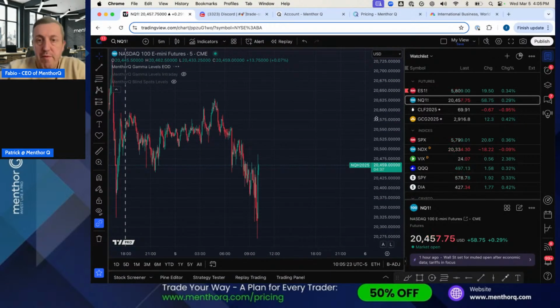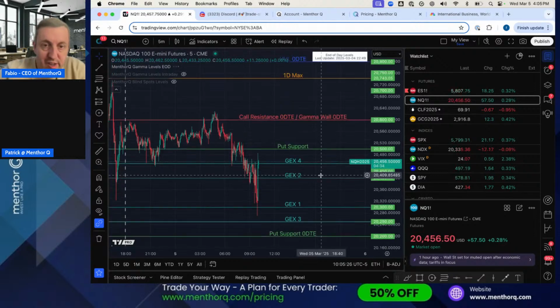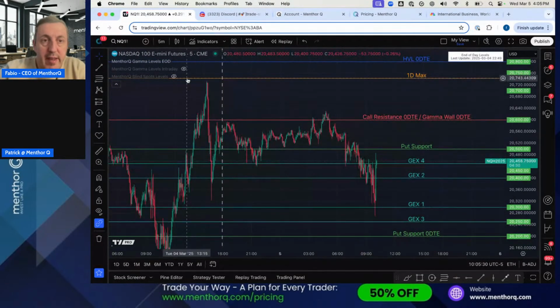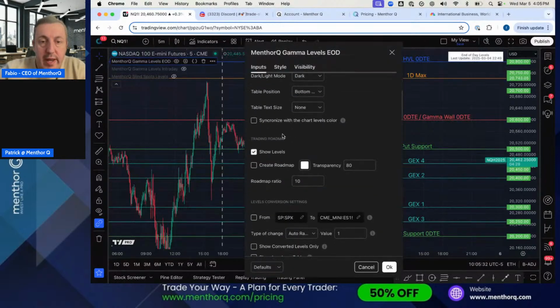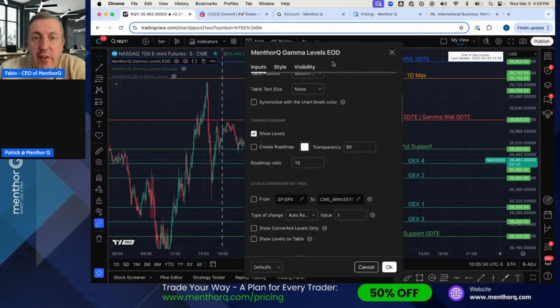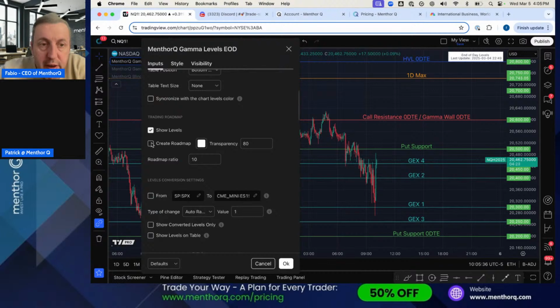charts. Before I pass it on to Patrick, we can also start creating our plan by going into the indicator settings and looking at the new feature, which is our trading roadmap. The trading roadmap allows us to create a sort of plan for the day. We are now looking at some areas that are going to become relevant.